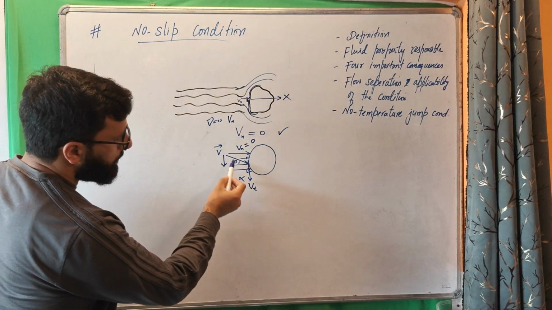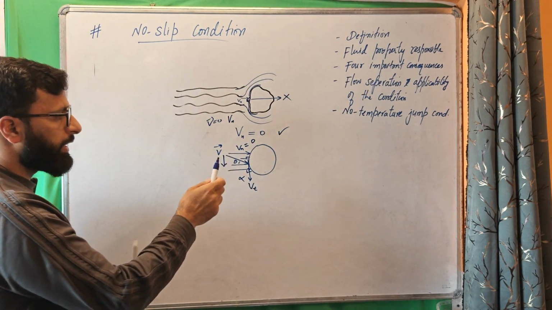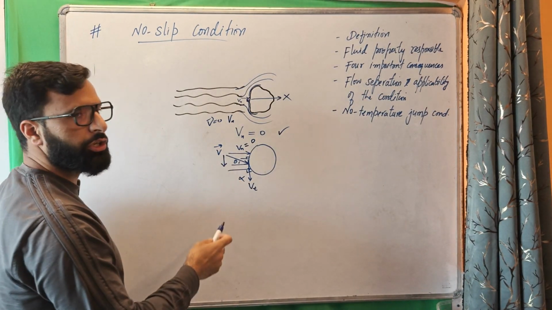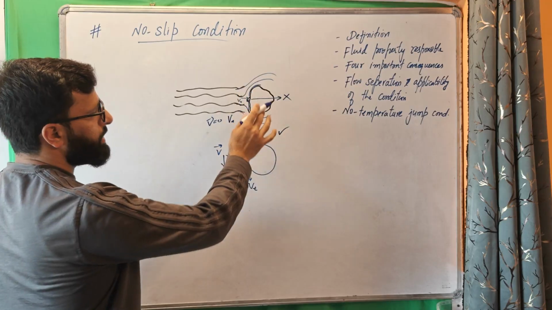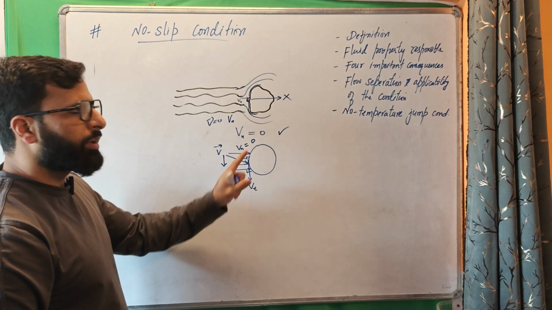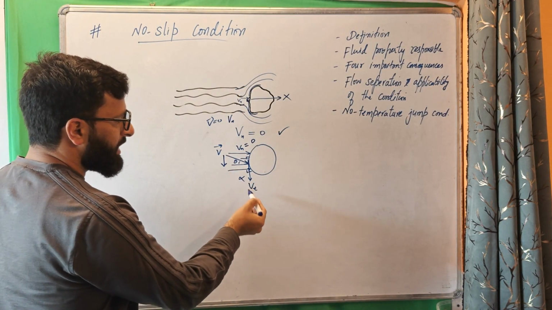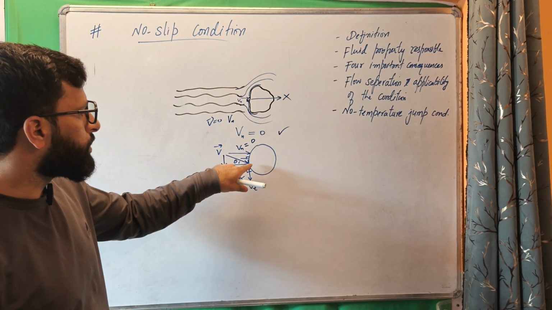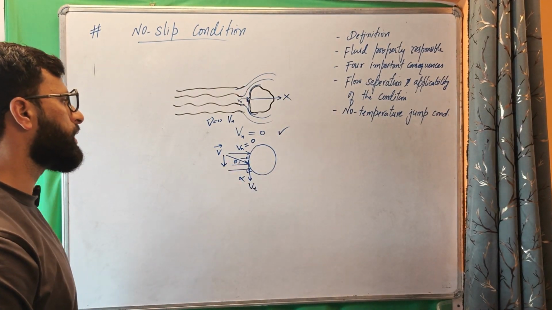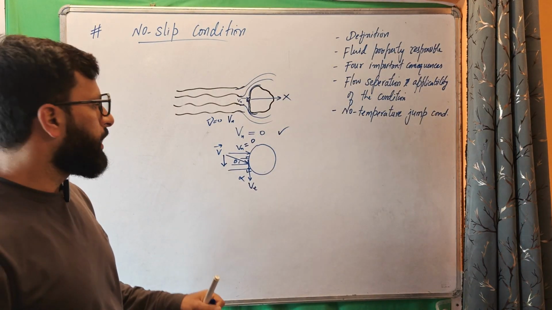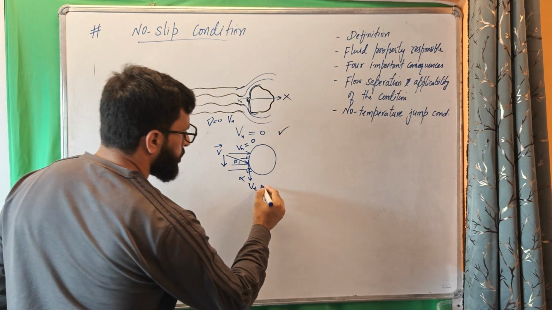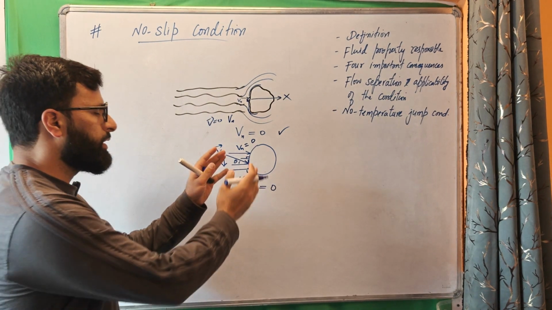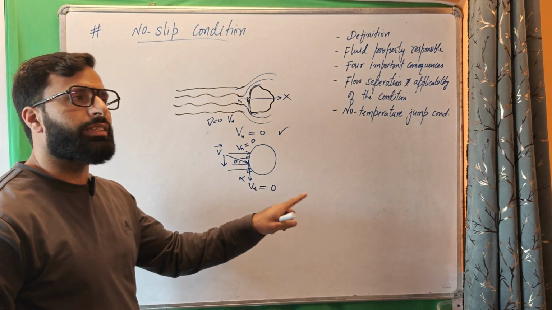But if the fluid comes at some angle, when it comes in contact with the solid surface, it will have both components, normal and tangential. Normal, we know from the same experience, will be 0, but does the tangential component also become 0 when the fluid comes in contact with the solid surface? Now all experimental investigations show that the tangential component also becomes 0 for the fluid that comes in contact with the solid surface.